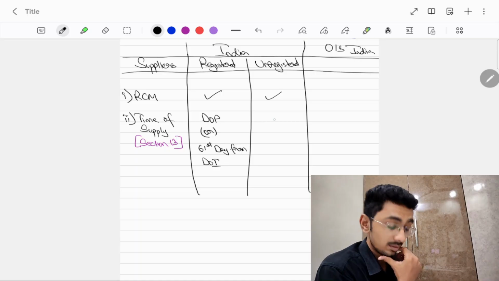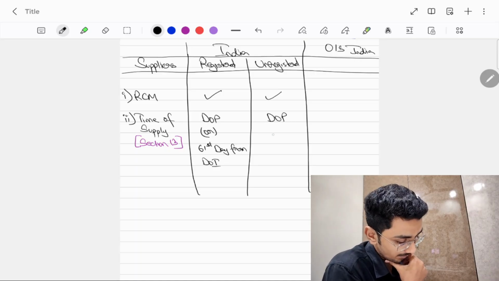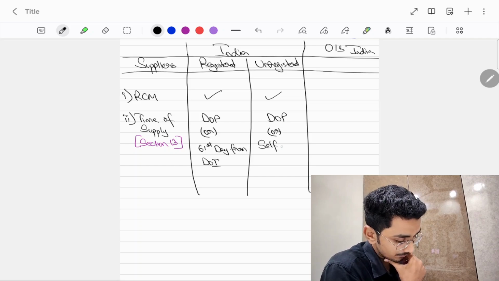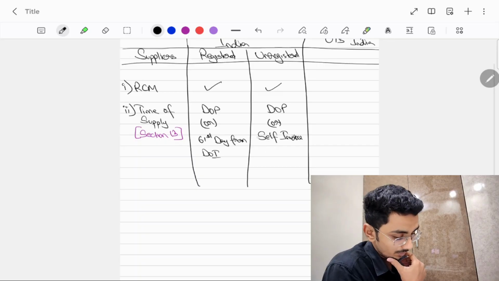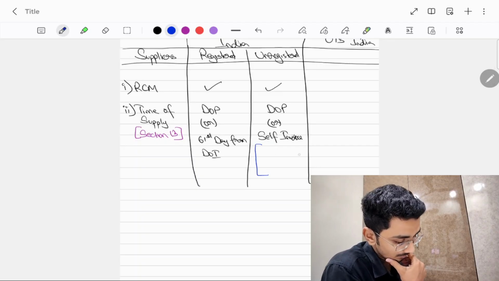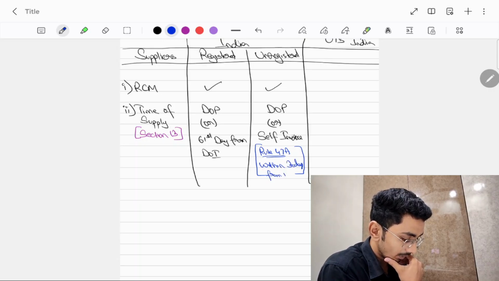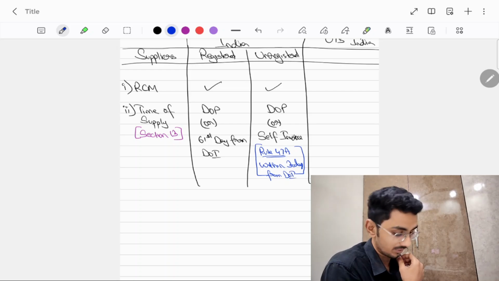In case of an unregistered person, the time of supply is the date of payment or the self invoice date. Now, what is the due date of self invoice? As per Rule 47A, self invoice should be raised within 30 days from the date of invoice.